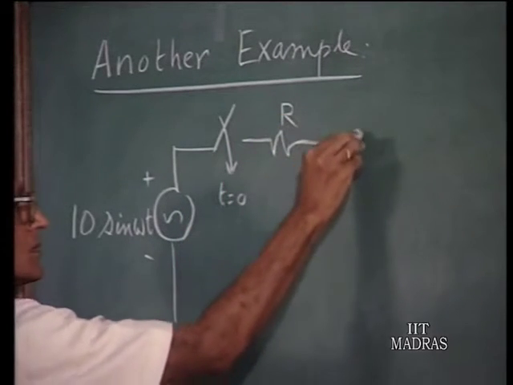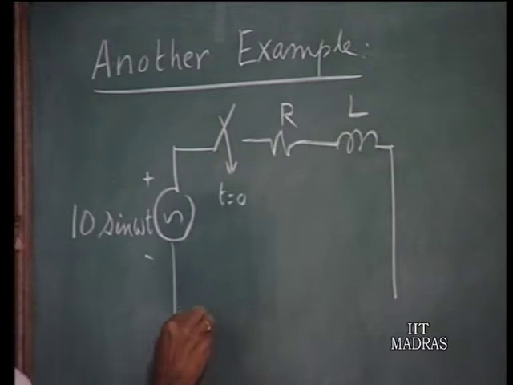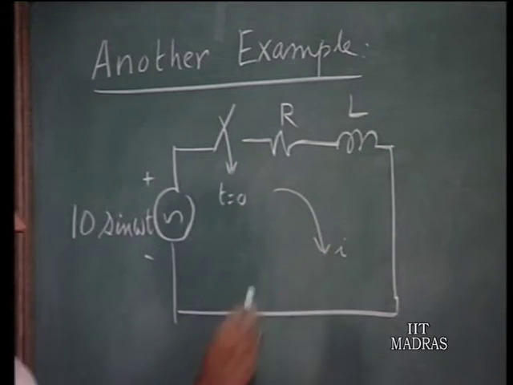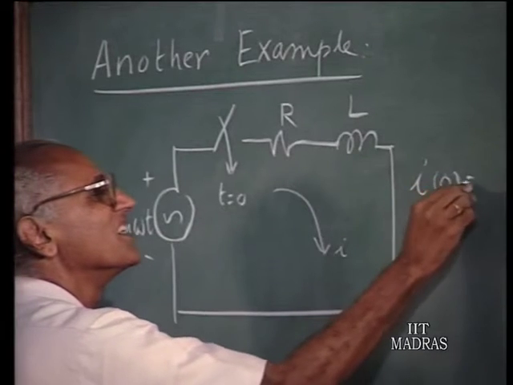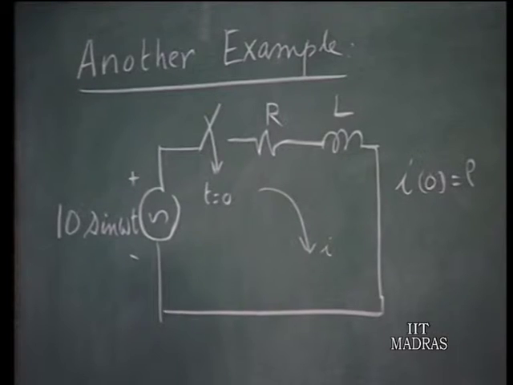Let there be two elements in the circuit, R and L, and we are interested in finding the current in the circuit for t greater than or equal to 0, and it is given that I0 is 0. Because of some previous switchings, previous arrangement, the current in the inductor is I0 at the time of switching.